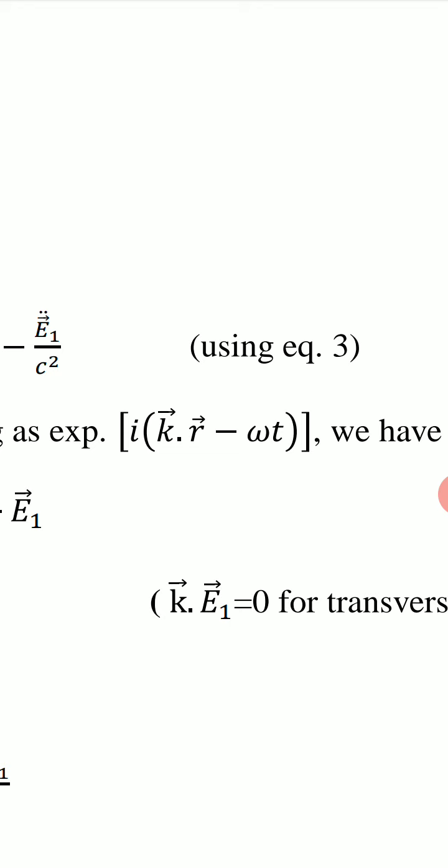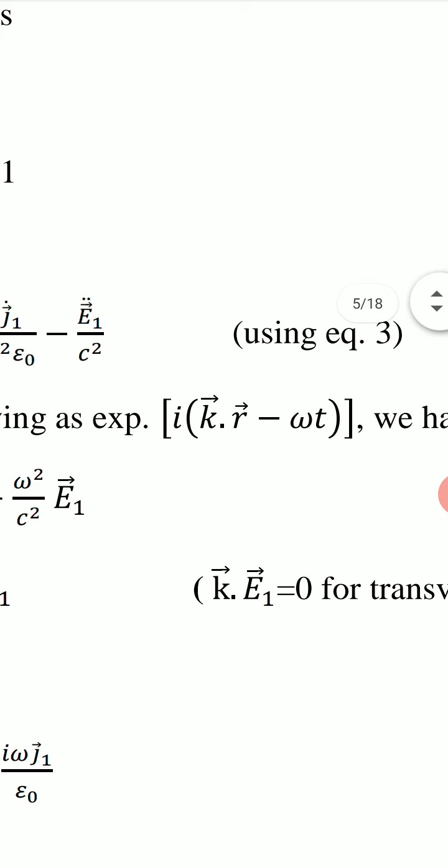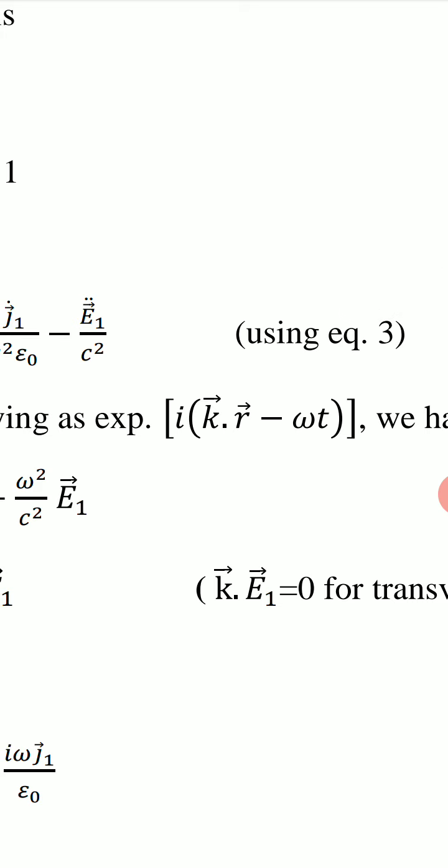In del vector we have derivatives with respect to x, y and z, and in r vector we have x, y and z. R vector equals x i plus y j plus z k. So del vector will give i k vector.